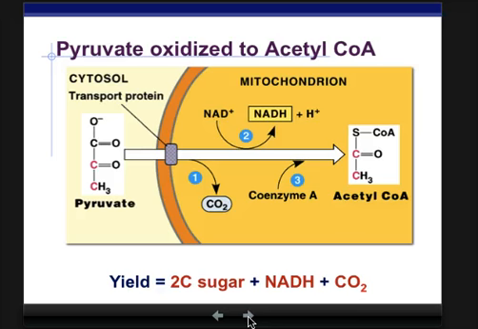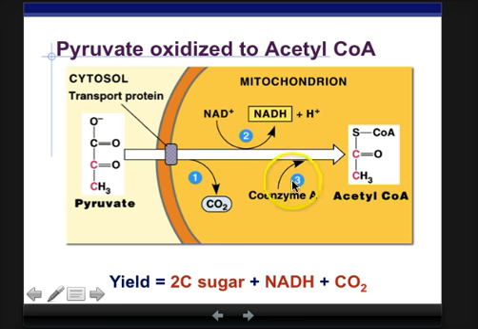Okay, so here's showing you how it's crossing the membrane. So here's our pyruvate, the product of glycolysis. It's going to be transported with the protein here across the membrane of the mitochondrion. We're going to give off CO2. We're going to convert NAD plus to NADH.